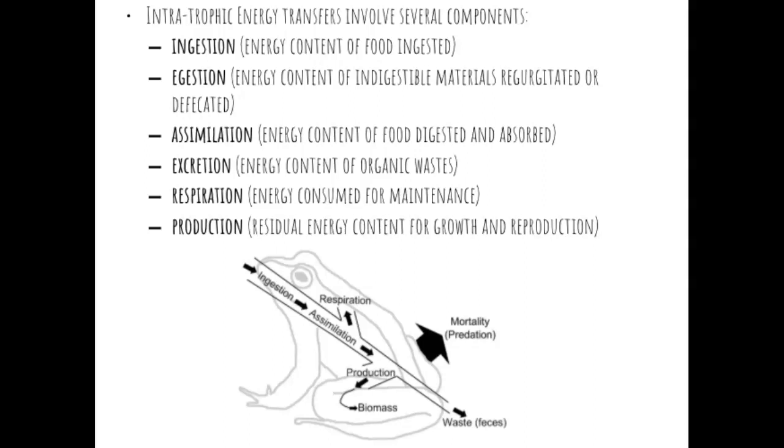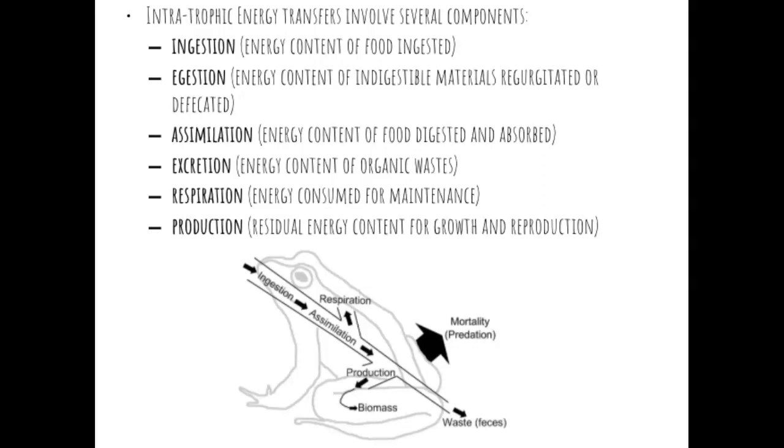and that comes out through your feces. There's also energy that goes into assimilation, which is the energy content of food that is digested and absorbed. So this is food that your body is taking in, it's breaking down, and it's assimilating into your body. So it's being used for cellular respiration. It's being used to maintain your homeostasis.